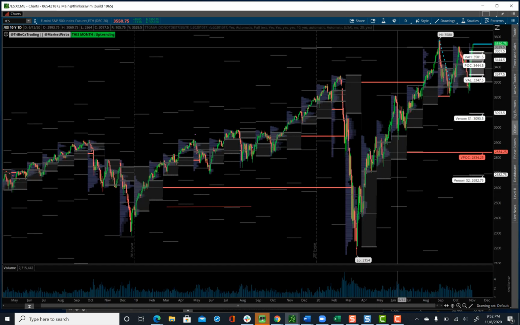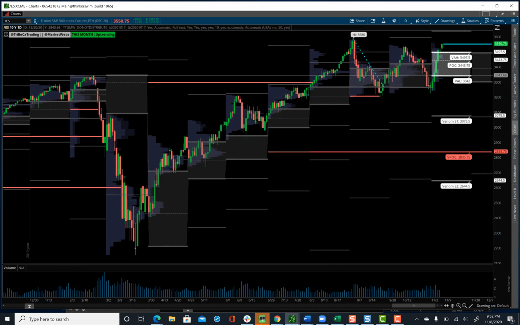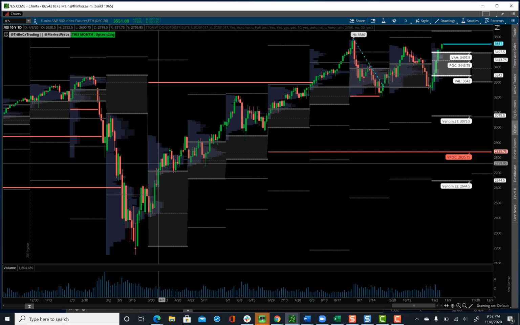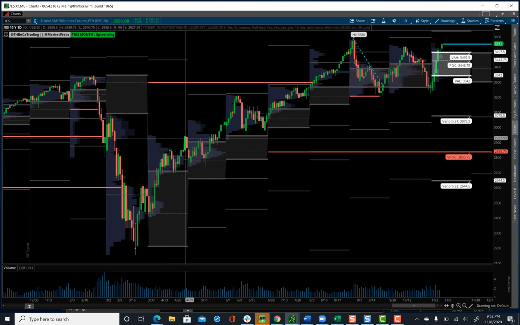But if we look at this daily chart, we could see how many times we have either started above value and basically came in and checked back to the top of value, right, as this did? We broke through, checked back, and we began to trend for the month.